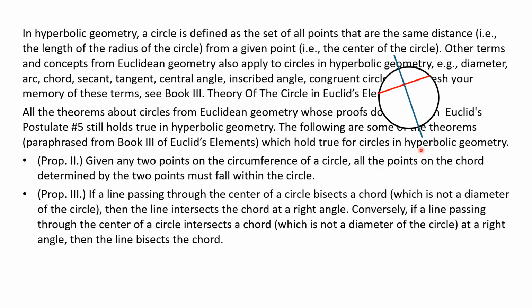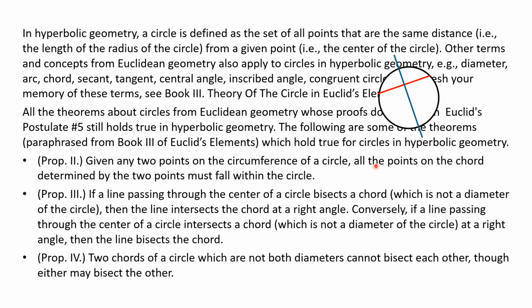The second proposition is that a line passing through the center of the circle and bisecting any chord forms right angles with the chord. So these 4 angles here that I'm pointing to are all right angles. And conversely, if you have a line passing through the center of a circle that intersects the chord at a right angle, then it bisects the chord.